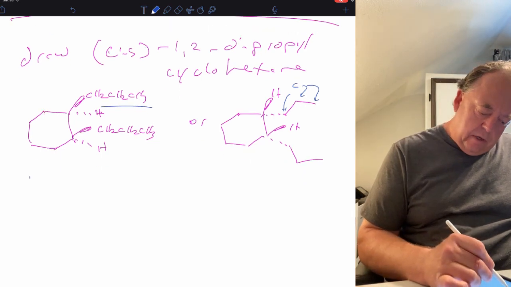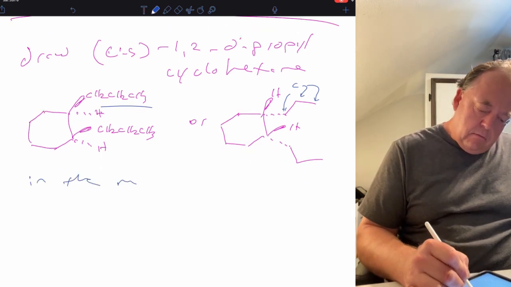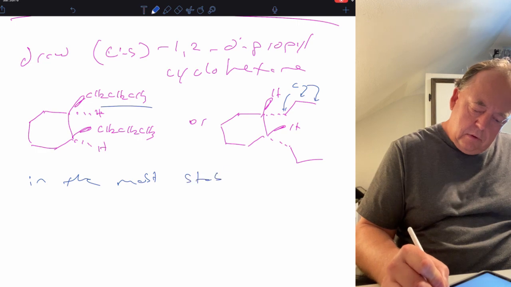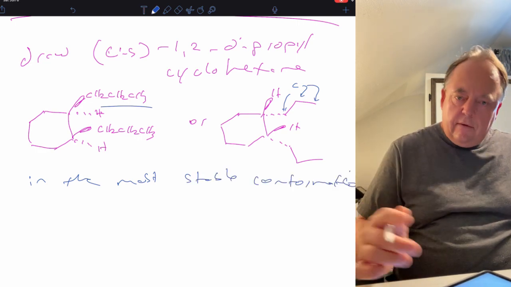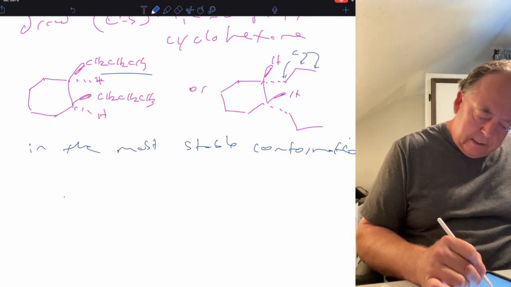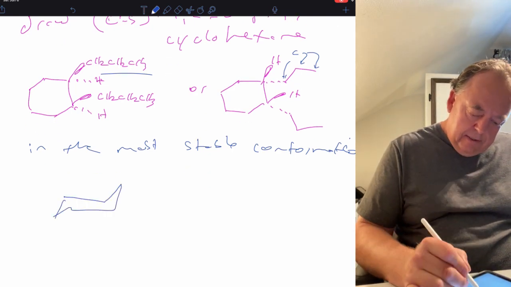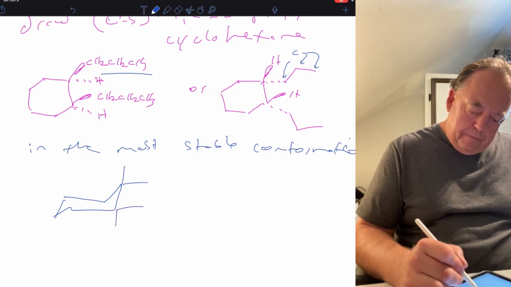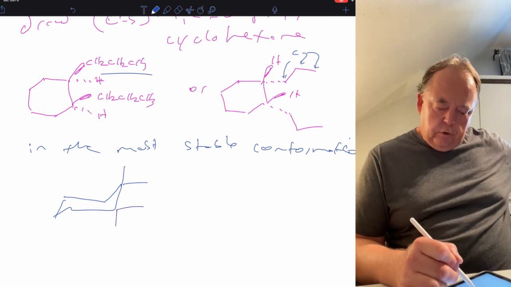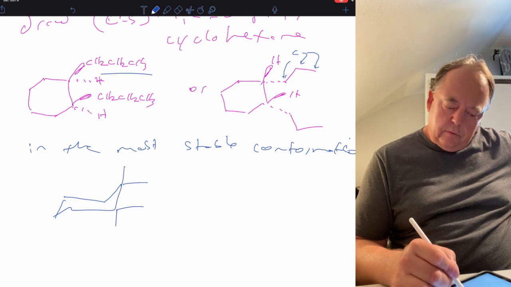But if I ask you in the most stable conformation, then you would have to draw it as a chair. So draw a chair, axial up and axial down on the 2 adjacent carbons, and then both have a horizontal position.